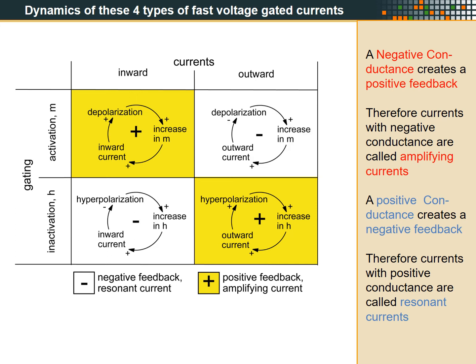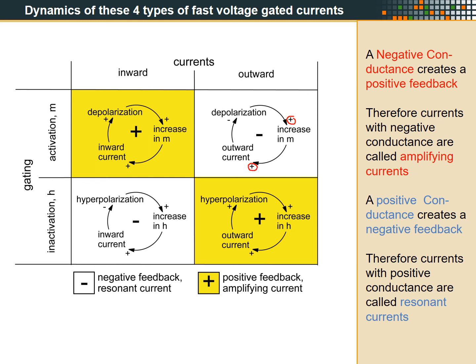Quite the opposite happens for the two remaining cases. Let's start to study the activation M and an outward current. We start with the depolarization, which again, of course, causes an increase in M. There is no difference because so far we are just concerned with the gating variable. An increase in M is causing a stronger outward current.